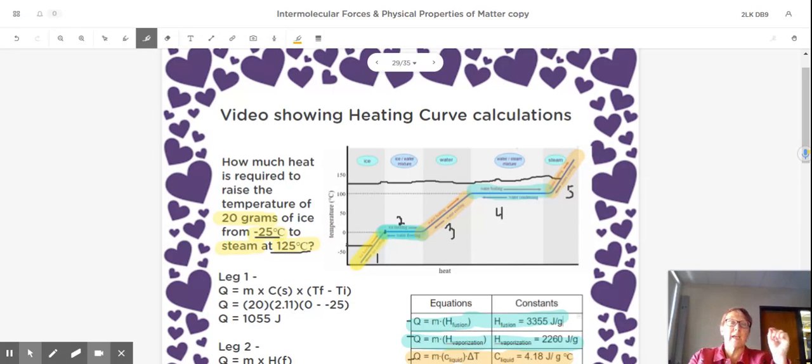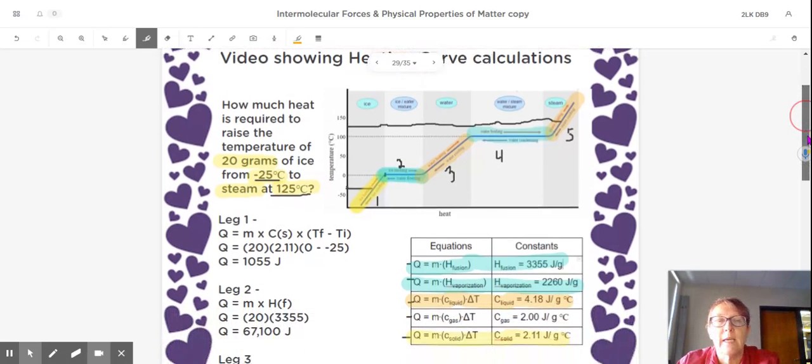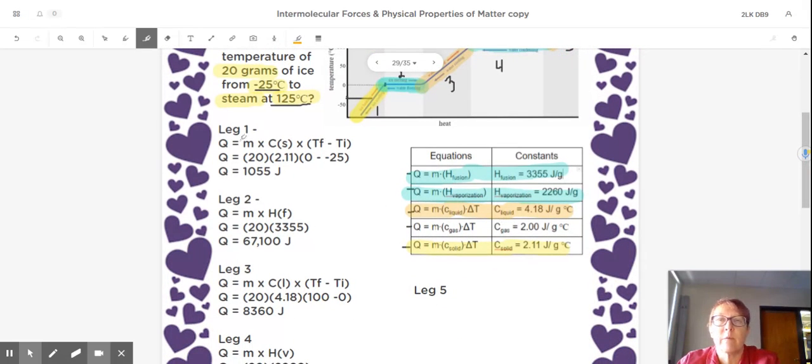So this is where we've got gas, only gas, and we're going from 100 to 125 degrees. So we're just heating the temperature of the gas. Once again, we're going to look at our equations. We're going to find the one that has gas in it, and that's the equation that we're going to use, as well as the heat capacity.